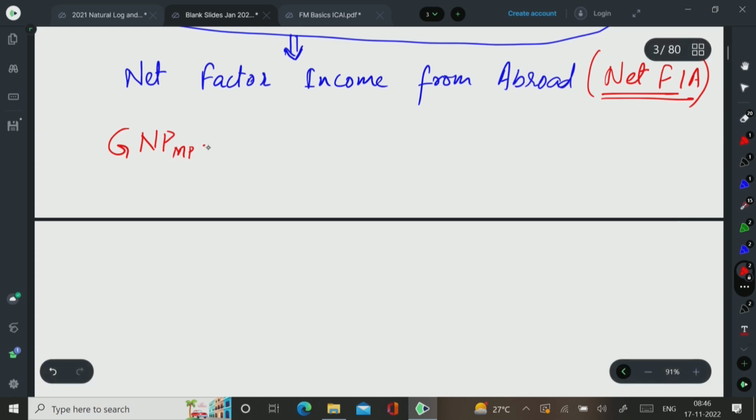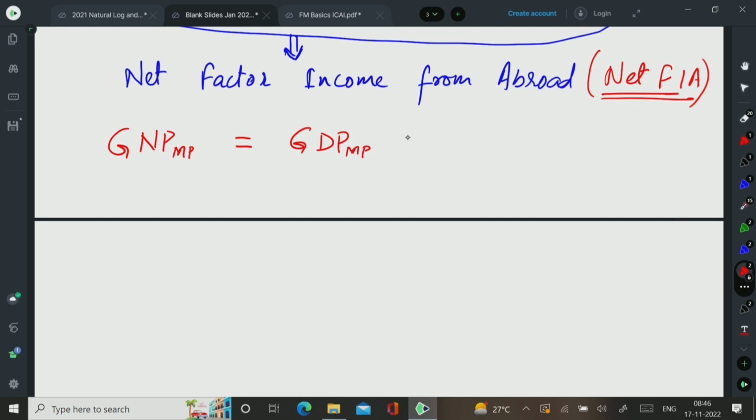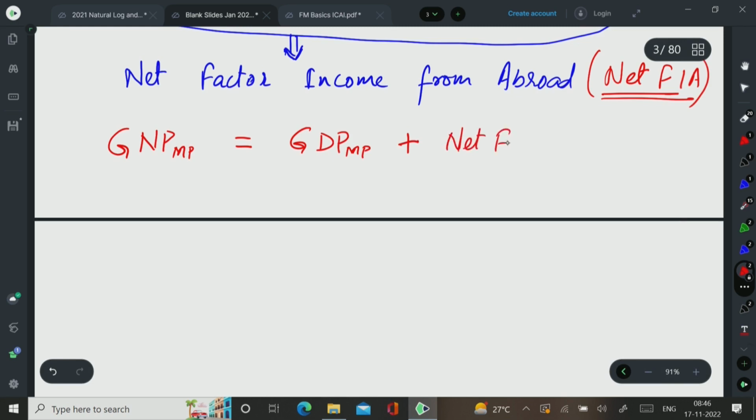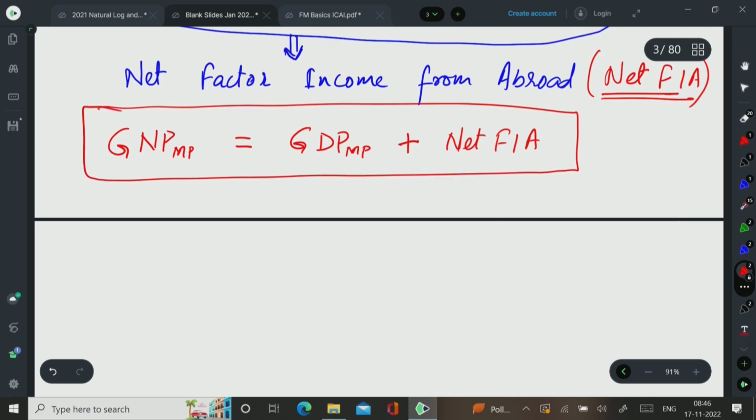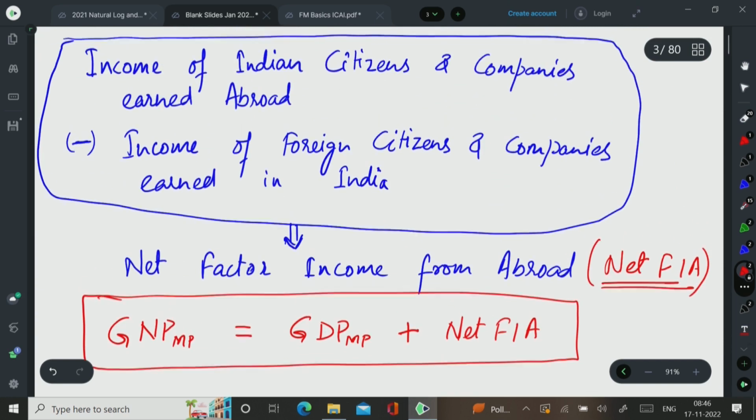I should take the starting point as GDP at market price, gross domestic product at market price, and to this I should add net FIA, the net factor income from abroad, and we will be able to establish the connection between GDP at market price and GNP at market price.